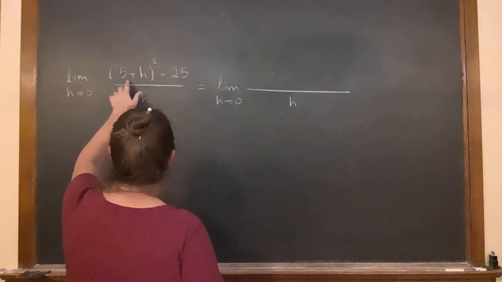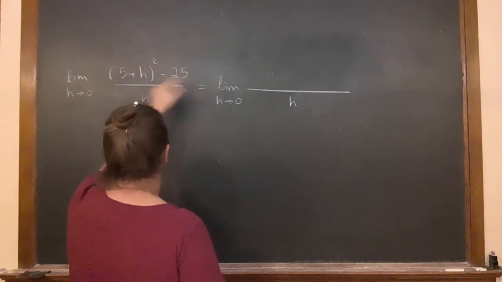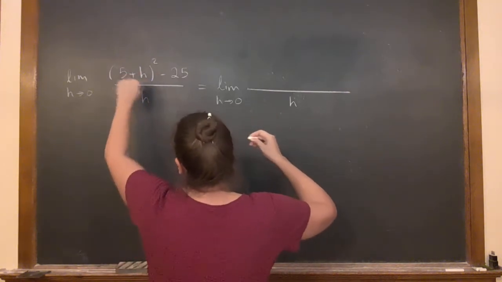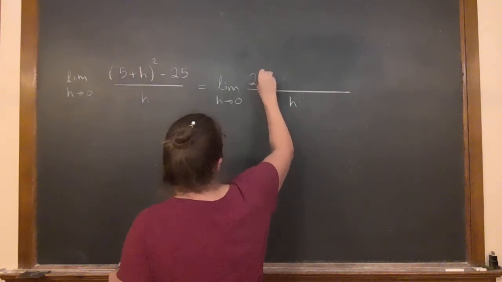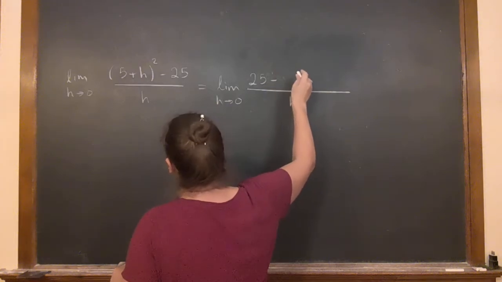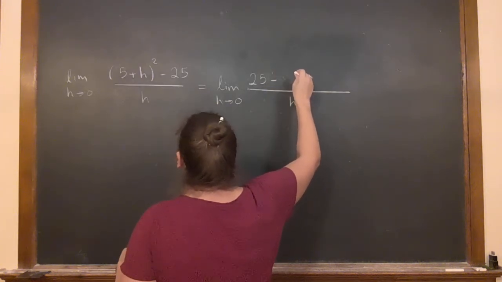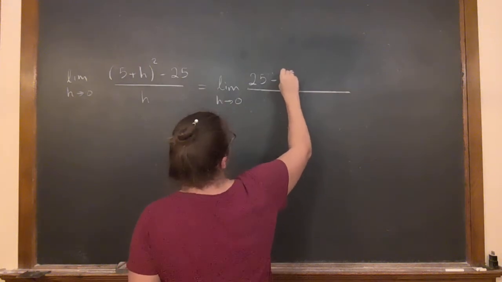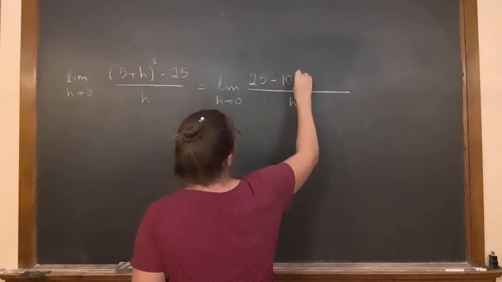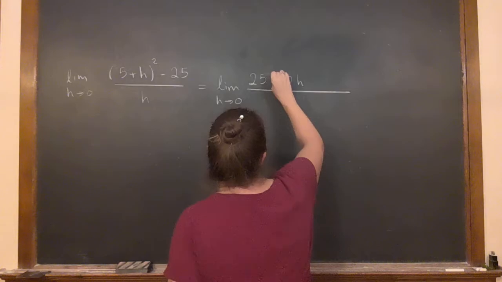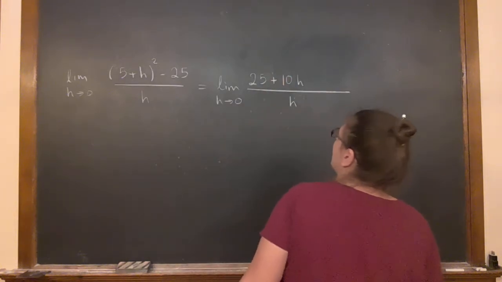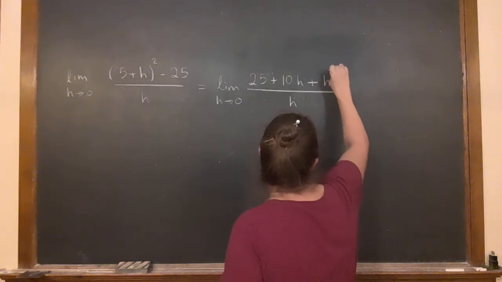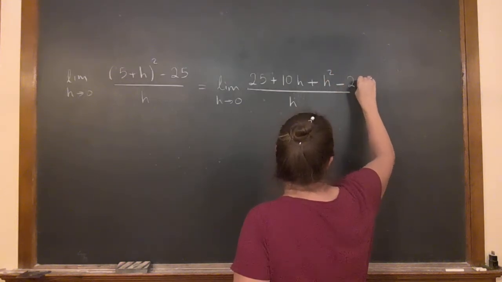But the problem is, I can't factor that yet, so I just have to do a little bit of work here. I have to work that out. So this is 25 minus 2 times, I almost wrote 50, 2 times 5 times h, so 10h, plus h squared, and then minus 25.